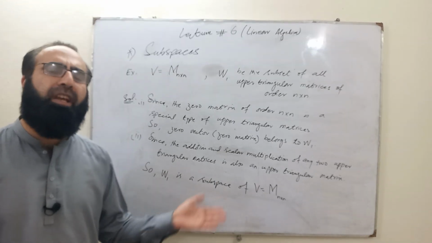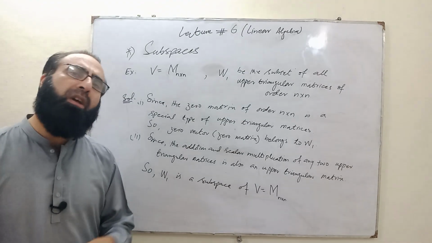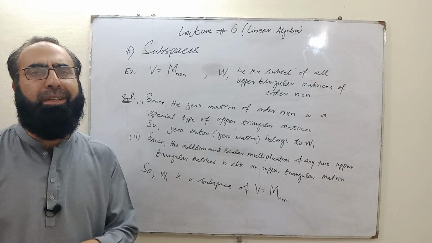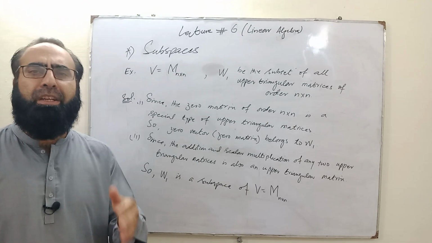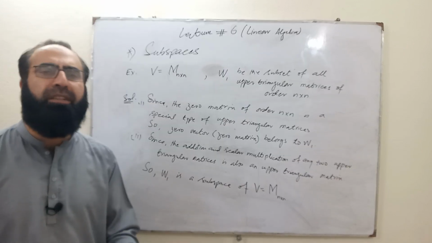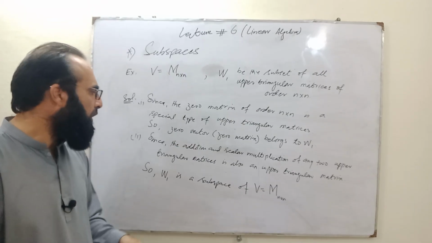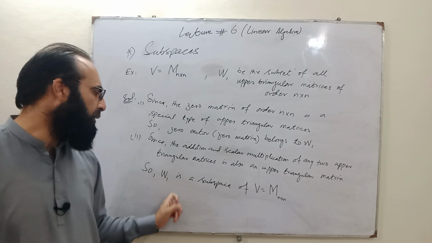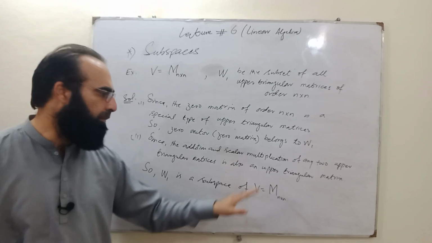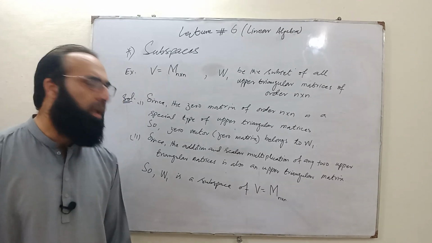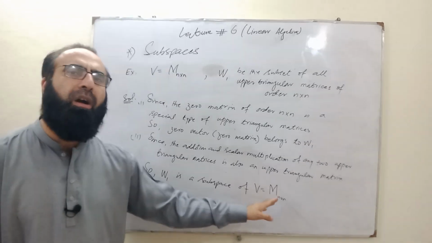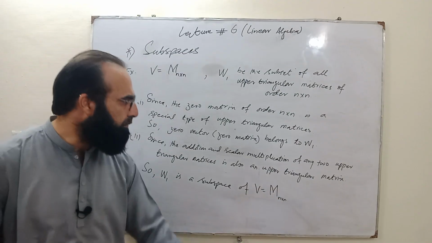Similarly, any scalar multiplication of an upper triangular matrix gives us an upper triangular matrix. It means that upper triangular matrices are closed with respect to addition and scalar multiplication. So this shows that W1 is a subspace of vector space V, and V is a collection of square matrices of order n cross n.